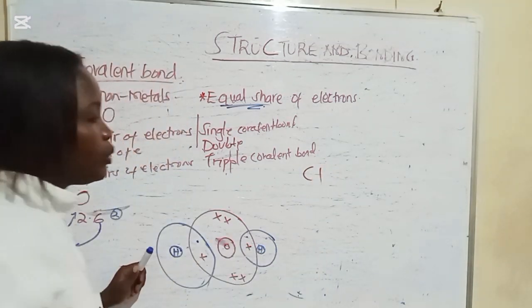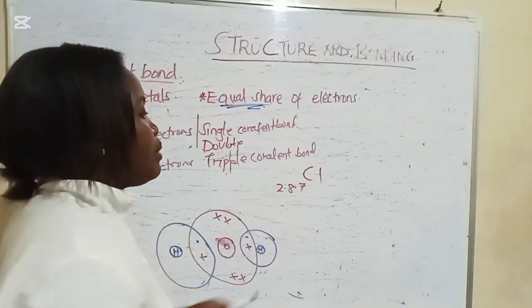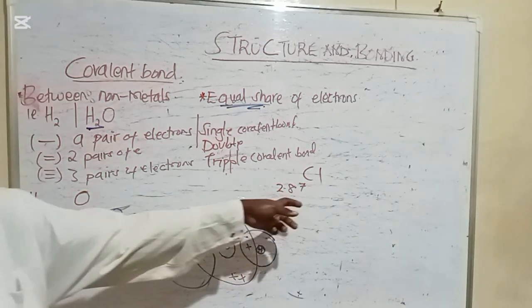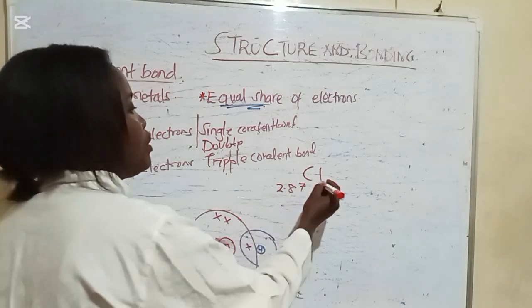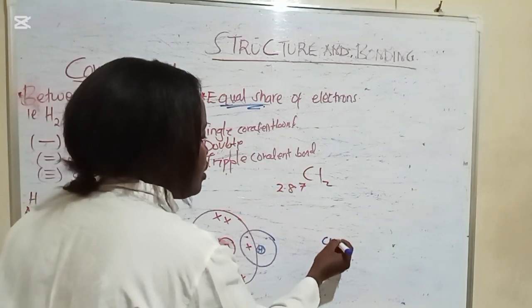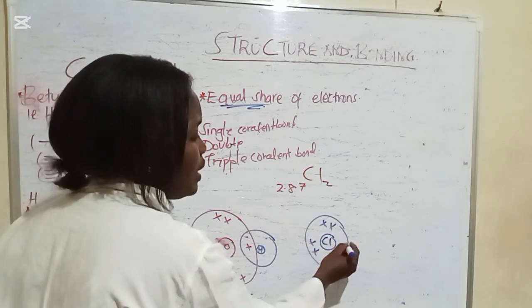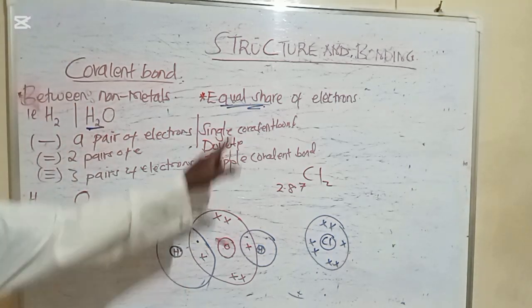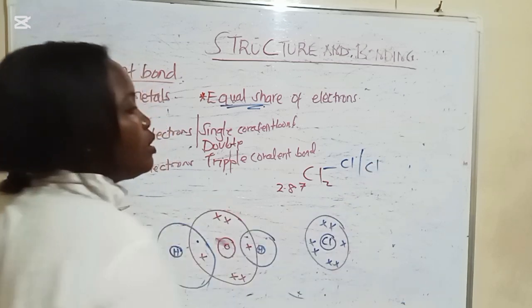If you're talking about chlorine, chlorine has the configuration of 2:8:7, meaning the outermost energy level has 7 electrons, requiring how many electrons to attain stability? 1. Chlorine is a diatomic molecule, so it is Cl2. So if you're talking about chlorine gas, we will draw the outermost energy shell having the 7 electrons in chlorine. So the nucleus with the chlorine symbol, now we draw the 7 electrons, okay? And we've said we have equal share of electrons. So remember, this is diatomic, meaning it is made up of 2 chlorine atoms.